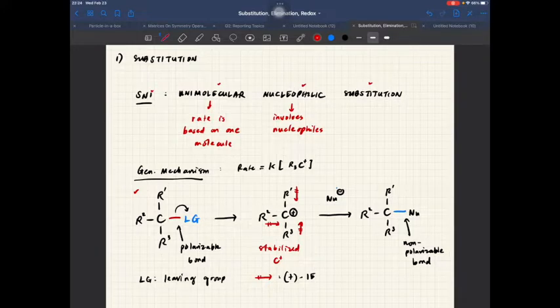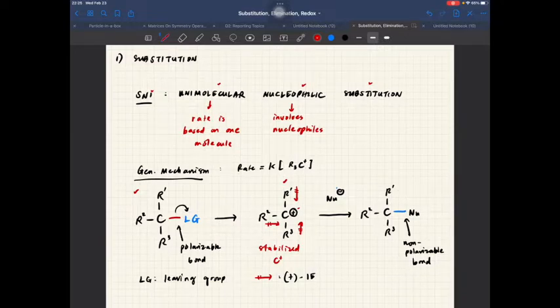The first step for Sn1 reaction is that the leaving group leaves initially, which results in the formation of a carbocation intermediate. This is your carbocation intermediate, which is a stabilized carbocation for the reason that there are three alkyl groups bonded to it.